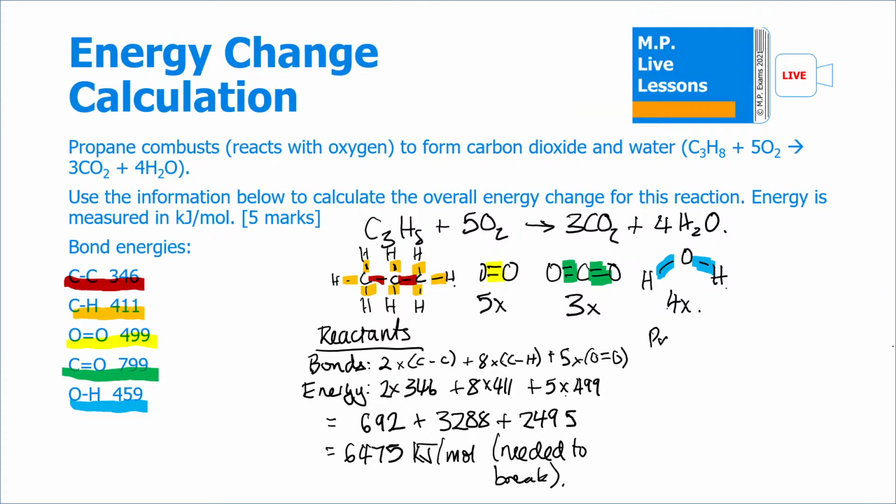Whereas the product, we'll list out the bonds here. So in each CO2 molecule, you'll have two C=O double bonds. And since we've got three molecules, we got 3 times 2, so 6 of those bonds.